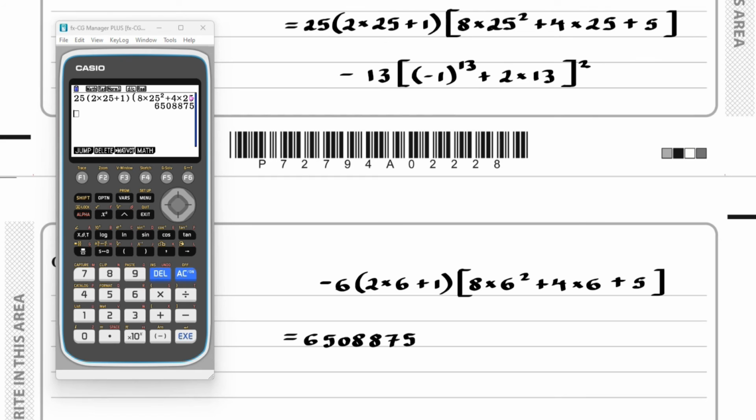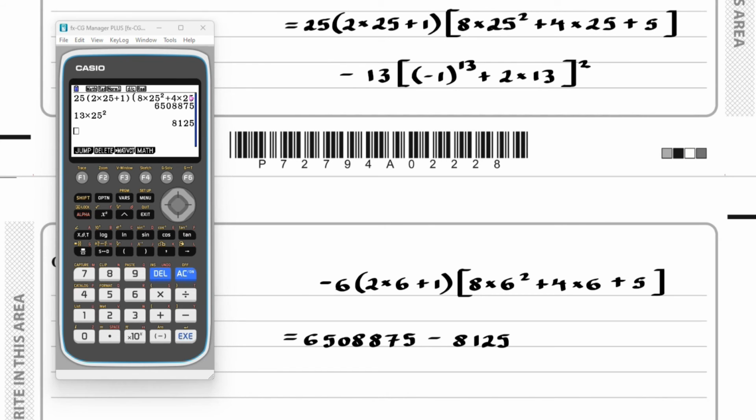So we end up with a value of 6,508,875, and if I work out the 13th term, well, I've got 13 multiplied by, well, here I've got -1 plus 26 and then square it, so that's 25 squared.